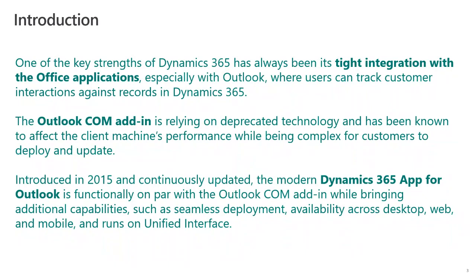We introduced in 2015, and have continuously updated since then, a modern app for Outlook, which is now on par functionally with the Outlook COM add-in, while also bringing additional capabilities such as seamless deployment, availability across desktop, web, and mobile, and running on the unified interface, which is the latest and soon the only supported user interface for your Dynamics 365 apps.